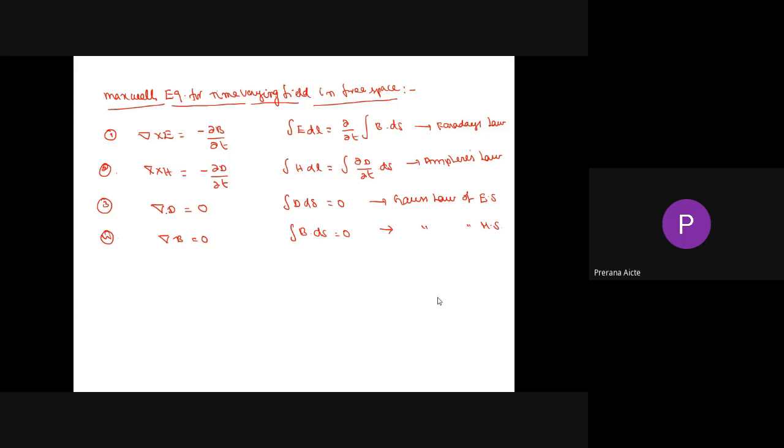In the second equation, del cross H is equal to J plus dou D by dou T for the Maxwell equations of time varying field, whereas in the free space medium, just del cross H is equal to dou D by dou T. And in the third equation, for the time varying field del dot D is equal to rho V, whereas in free space medium del dot D is equal to 0. That is the only difference. And the first, del cross E, and del dot B, both are similar to the time varying fields.